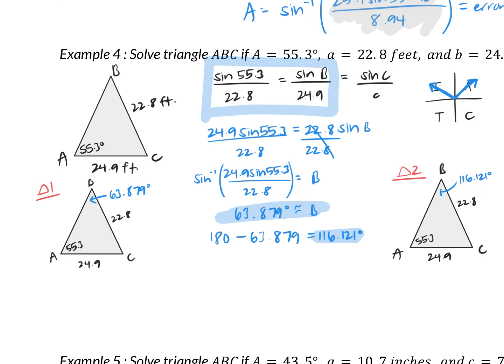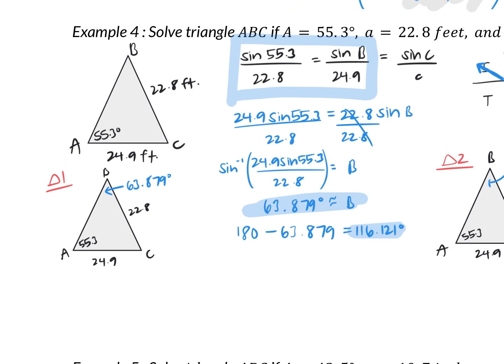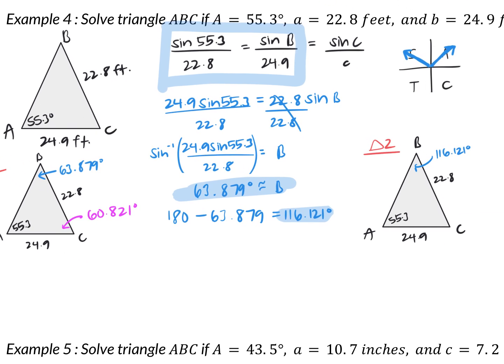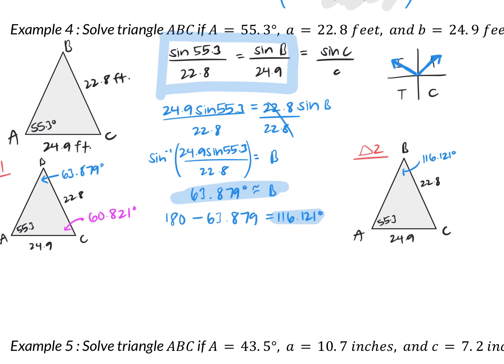We're going to take 180 and subtract the two angles that were given to find our third angle. So for here, we get 60.821. And over here, we get 8.579 degrees. We okay with that? 180 degrees in a triangle?